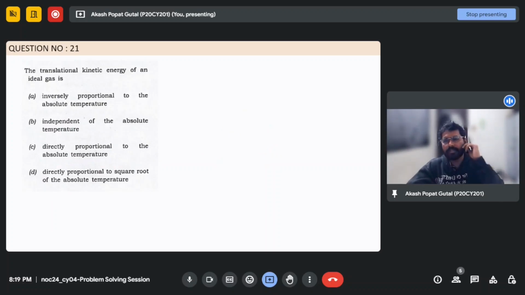The next question: the translational kinetic energy of an ideal gas is. Option A is inversely proportional to the absolute temperature. Option B is independent of the absolute temperature. Option C is directly proportional to the absolute temperature. Option D is directly proportional to the square root of the absolute temperature.